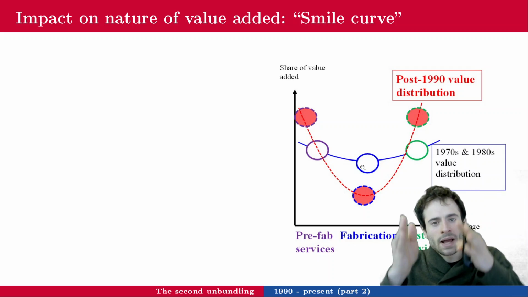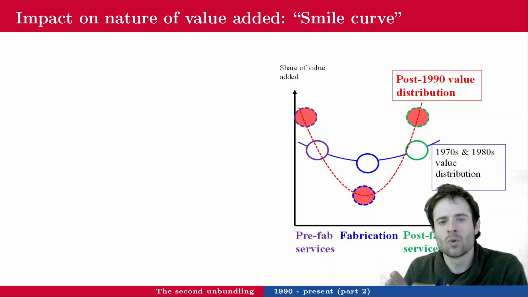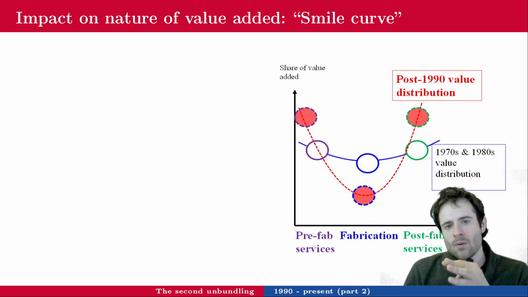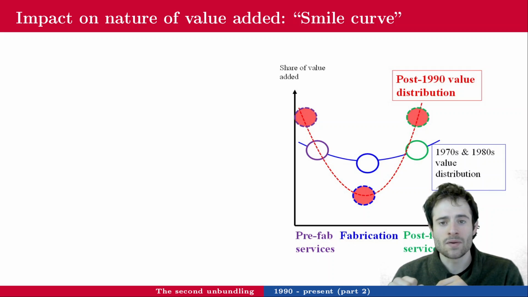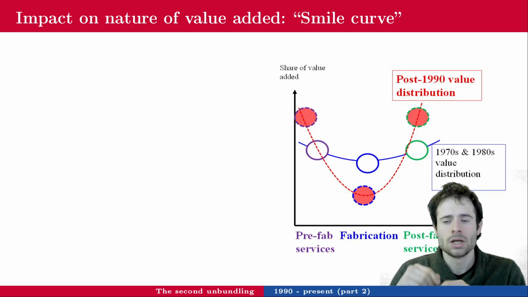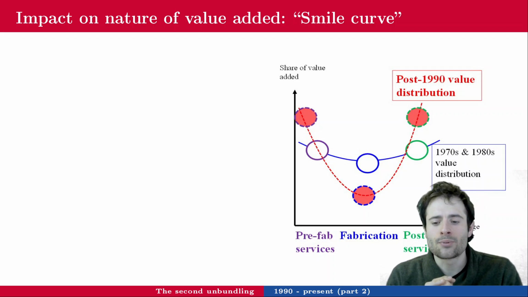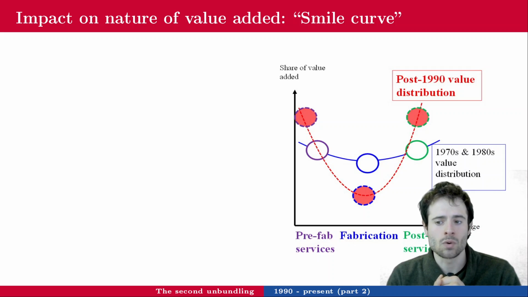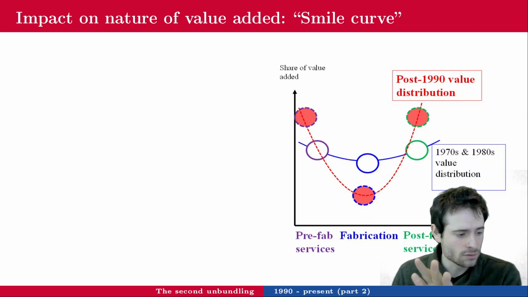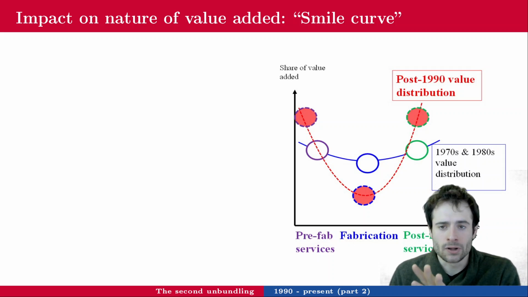So knowing exactly how to do it was rather cheap. We had machines, we had conveyor belts, we had factory workers to take care of that. There was a bit more value added going into post-fabrication services, marketing, distribution, retailing, and so on. And a bit more in pre-fabrication services, such as the design of the product, and so on. This graph applies to many products, not just a phone.